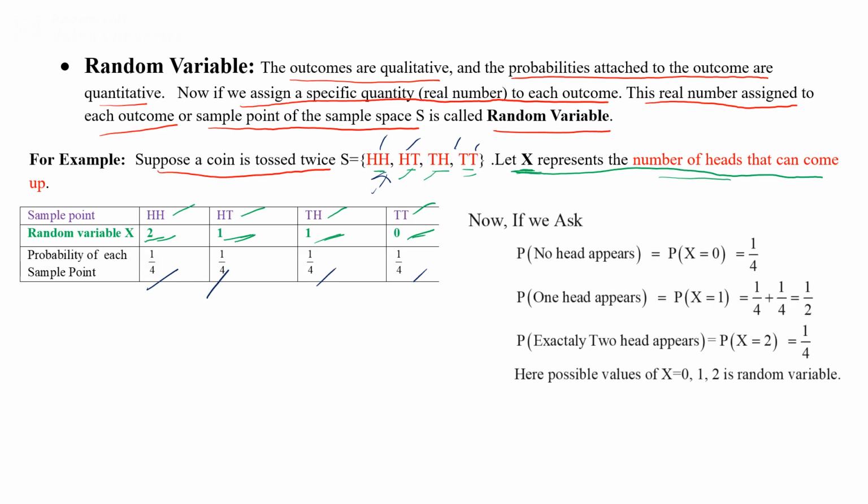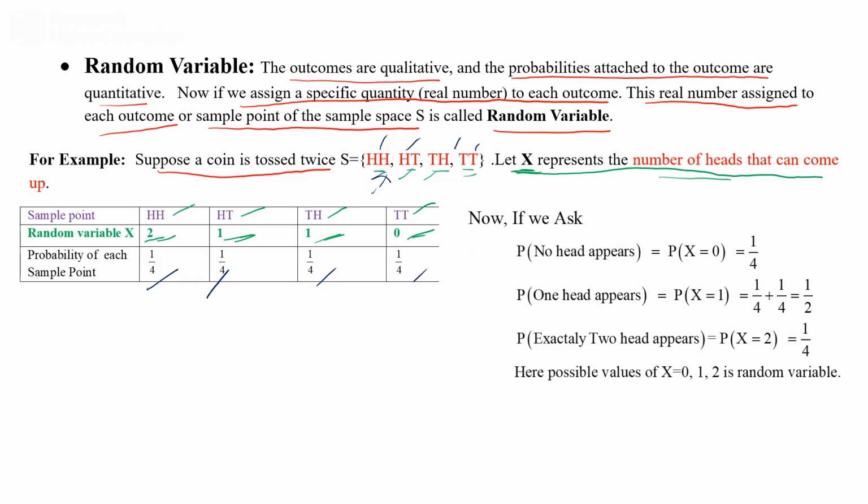Now, if we ask the probability when x is equal to 0, first we have to know the meaning of that. It means when the random variable is equal to 0, no head appears. So what's the probability? We have 1 by 4. And if we say one head appears, it means the random variable x is equal to 1.